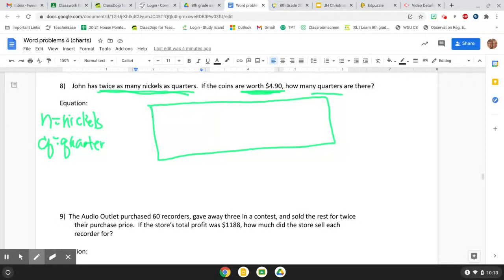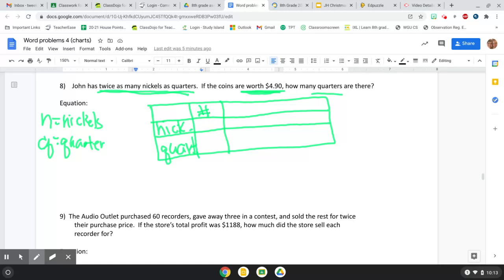All right. So when I think about this, I know just from past experience that I'm going to have my 2 unknowns on the left-hand side here. So nickels, I'm just going to put Nick, and quarters. Okay. And then on the top, like I just said, we're talking about the number of coins. So number of coins.